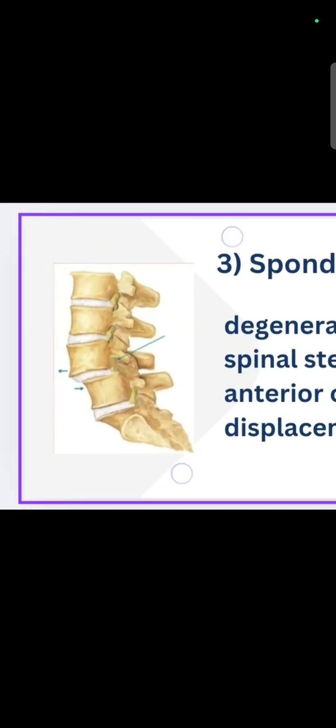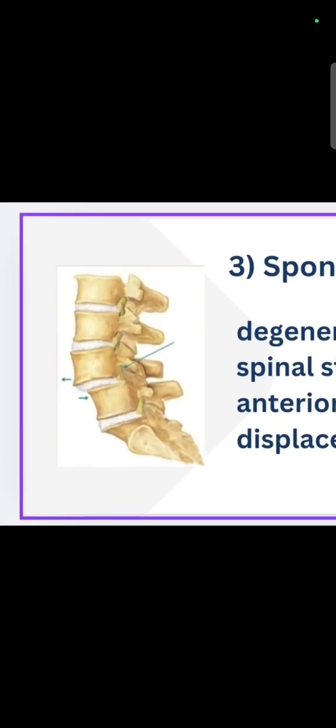The third important cause of sciatica is spondylolisthesis. This is actually the displacement of the vertebral column either anteriorly or posteriorly, as you can see in the photograph.